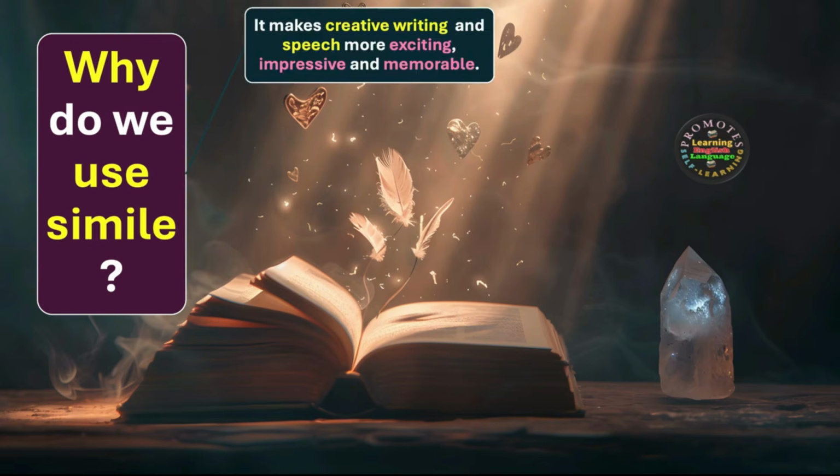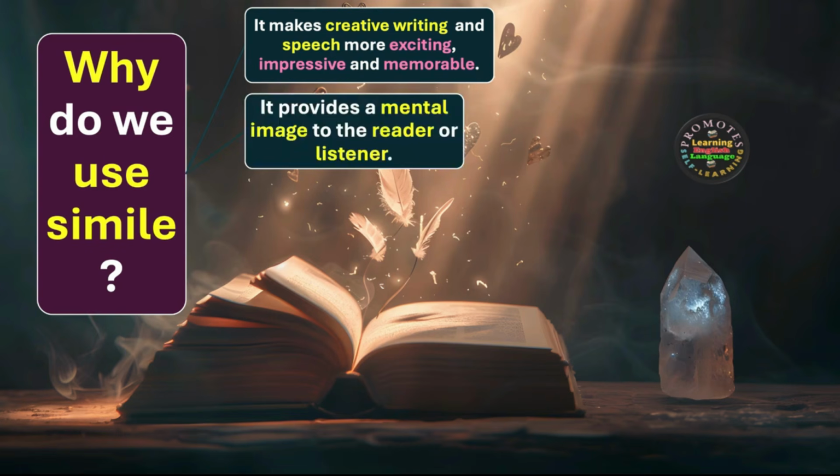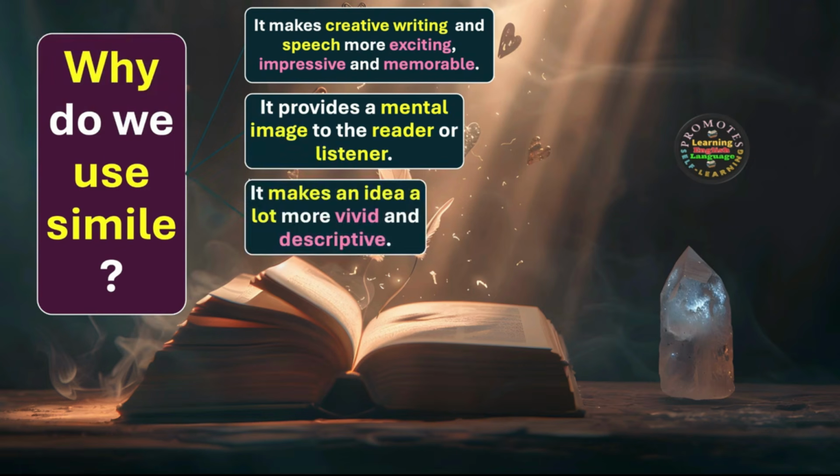We use simile because it makes creative writing and speech more exciting, impressive, and memorable. Simile provides a mental image, a mental picture, to the reader or listener. It makes an idea a lot more vivid, clear, and descriptive.